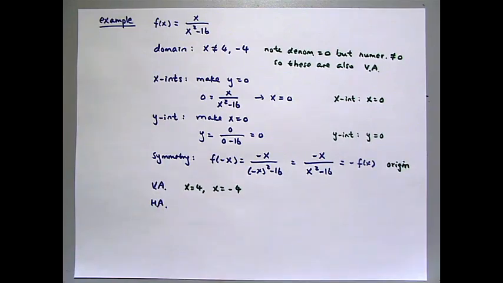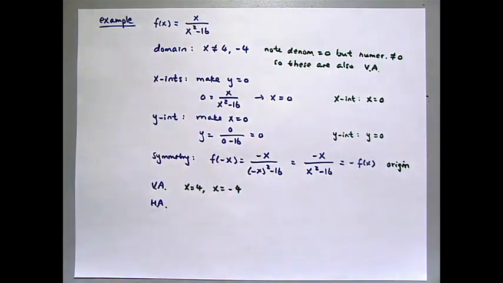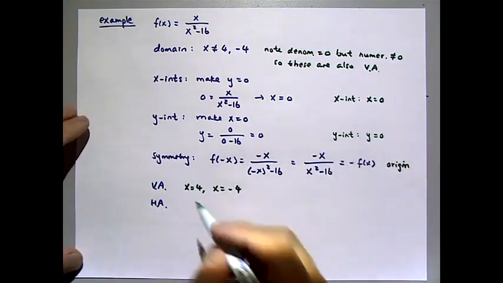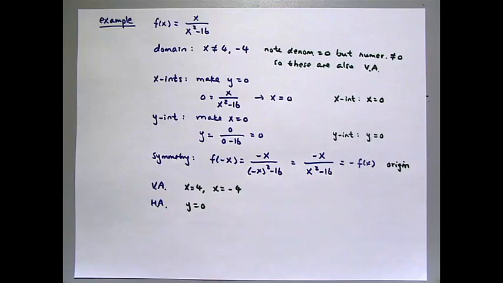How about the horizontal one? What happens when we take x to either infinities in this function? Zero, right? The bottom has higher degree. So y equal to 0 is the horizontal asymptote. The x-axis, in other words, is the horizontal asymptote.